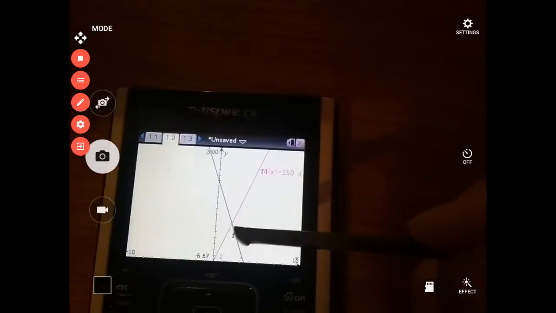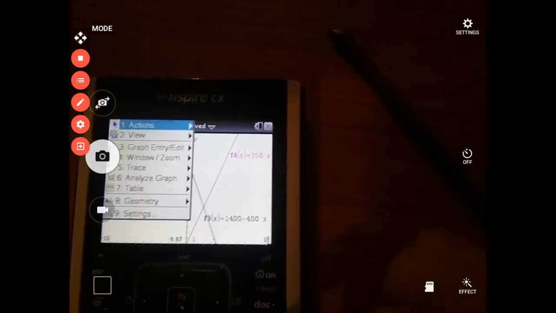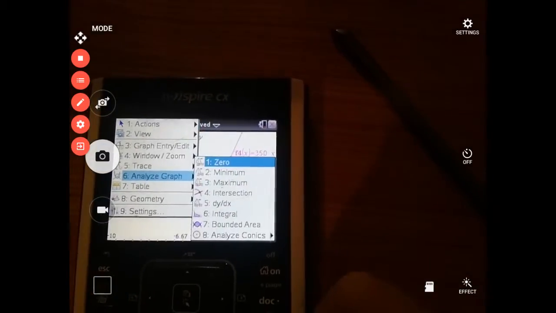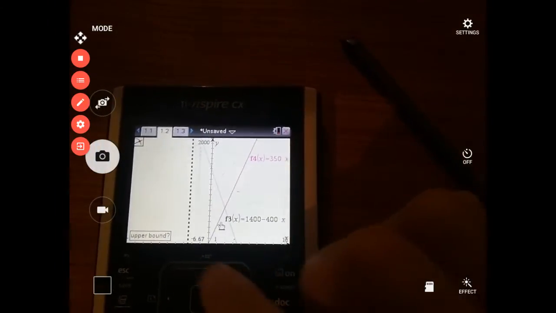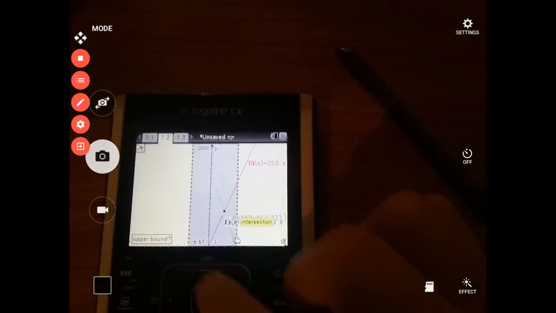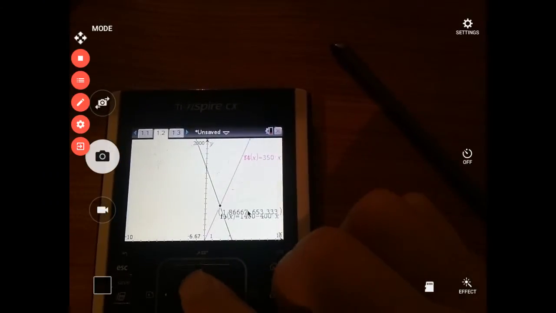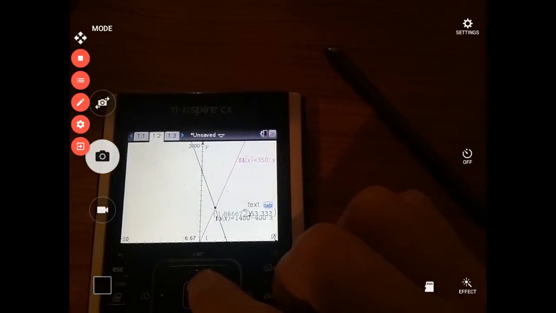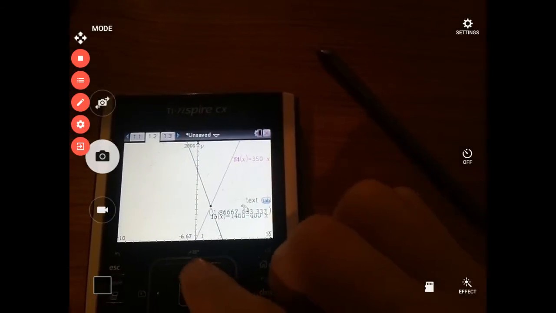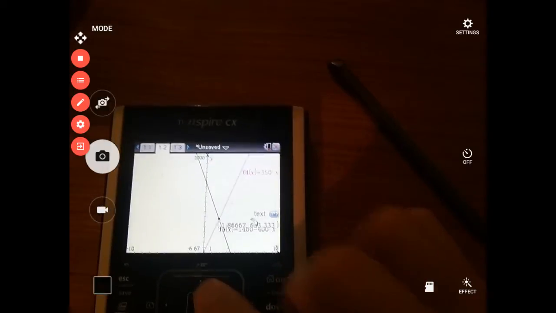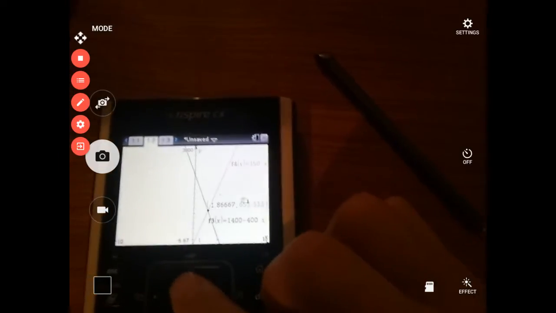And look, you can clearly see the intersection point now. So now we do that same procedure, menu 6-4. Menu, analyze graph, intersection, lower bound, upper bound, poof, boom, and look what it says. 1 point. I'm going to try and grab that. Come on, grab that. There we go. So I can move that out of the way.